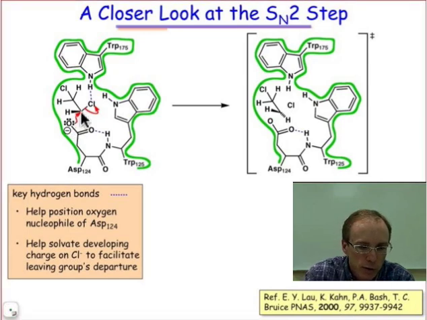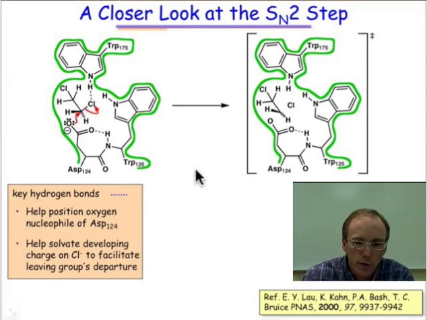So if you want to, think about the position of that sigma star orbital as being perfectly aligned with the non-bonding lone pair on that oxygen that's being held in place by these hydrogen bond networks.